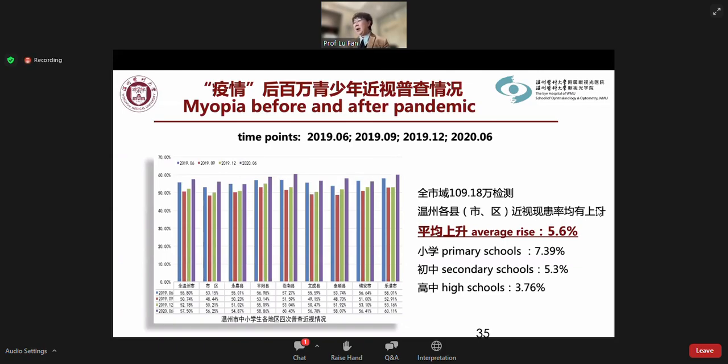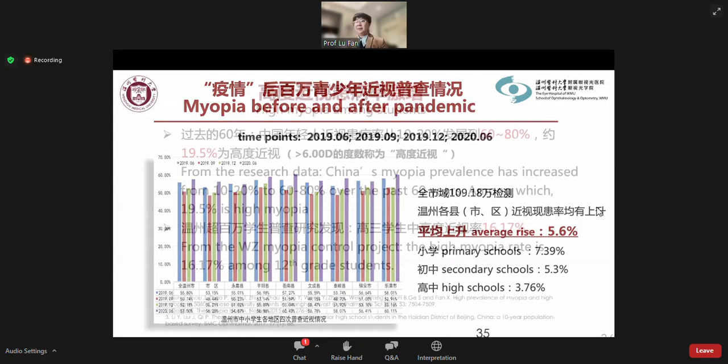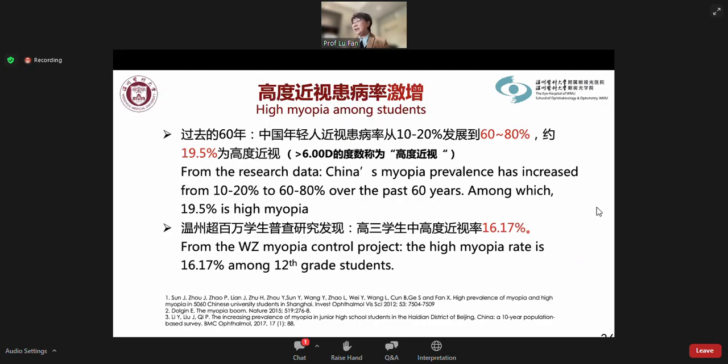We found that the myopia prevalence was rising 5.6% on average among the students, and the rate in primary schools was the highest. So this data confirmed that environment is the most striking factor for students' myopia. And we also found the high myopia rate is much higher in high school, and the prevalence can be up to 16% in 12th grade students.